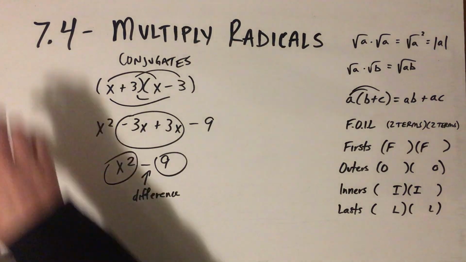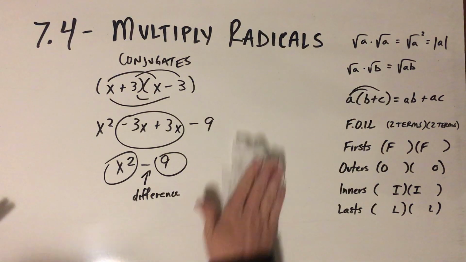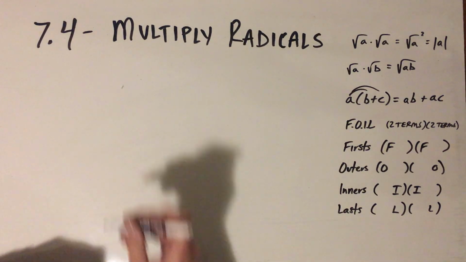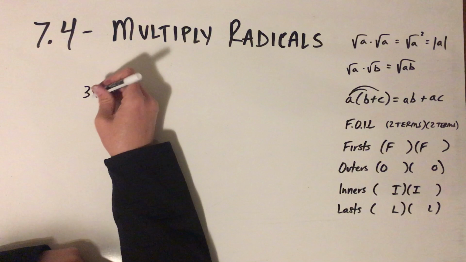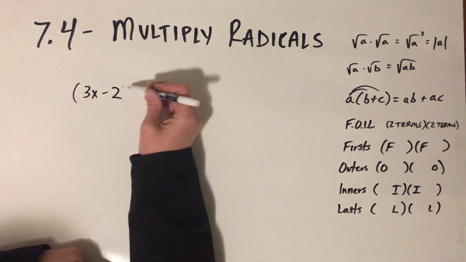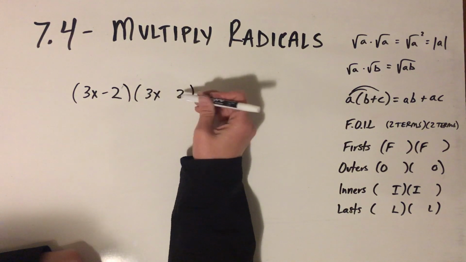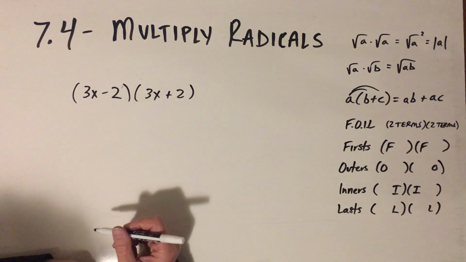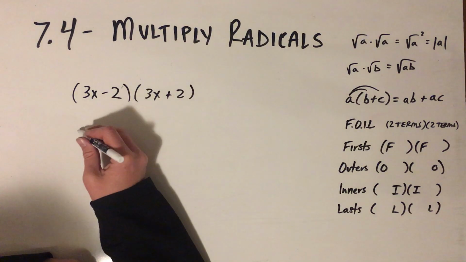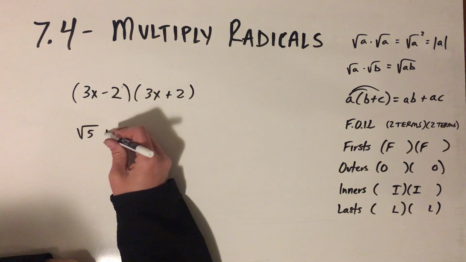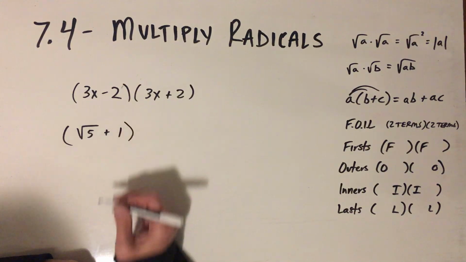Okay, so if I asked, what is the conjugate of 3x minus 2? The conjugate would be the same two terms but with a plus. Well, what's the conjugate of the square root of 5 plus 1?